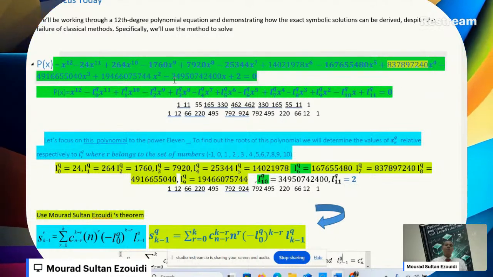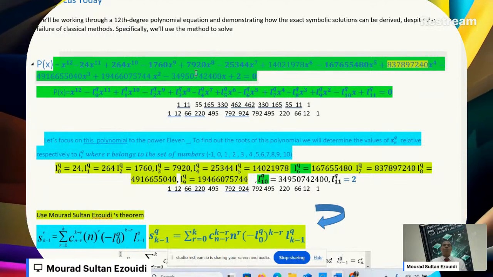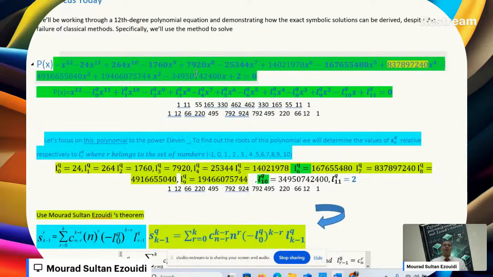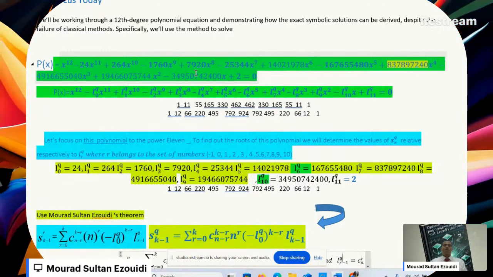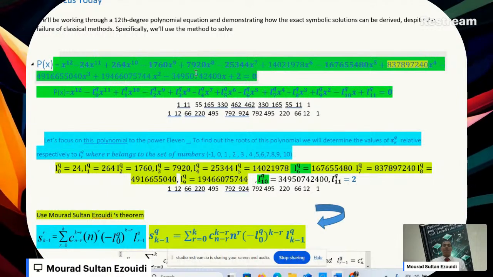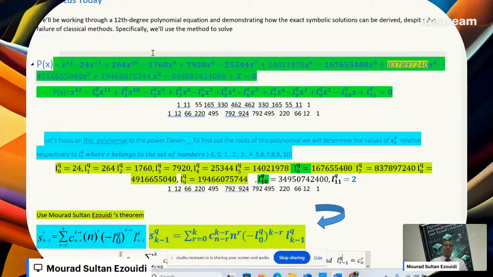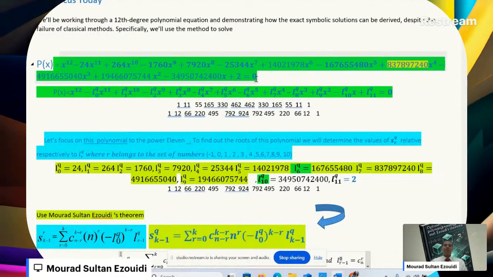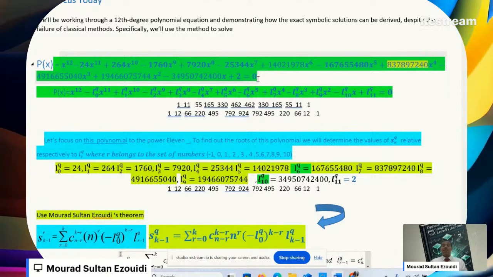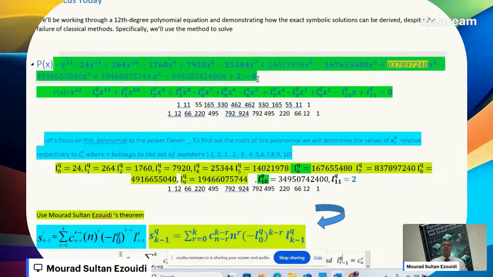So for this polynomial to the power 12, we will today demonstrate how the method works and how we find the symbolic solutions that will be derived when explaining the theorem. It's not easy. It's a challenge for any mathematician, any researcher, any professor.